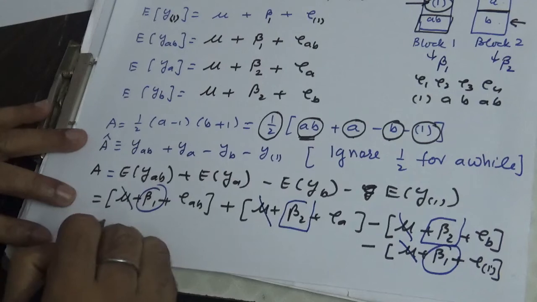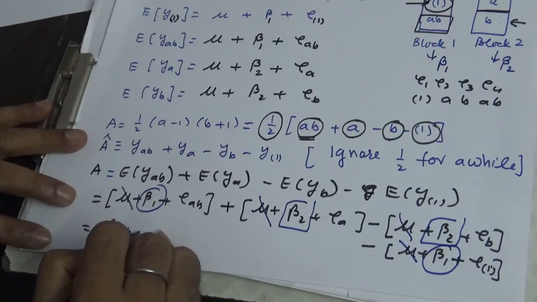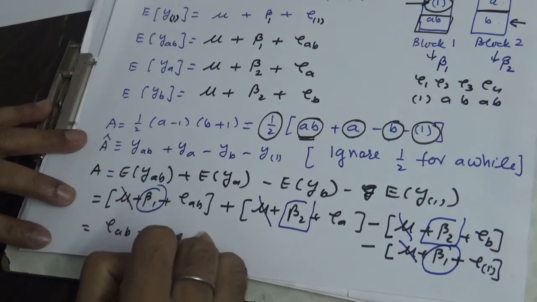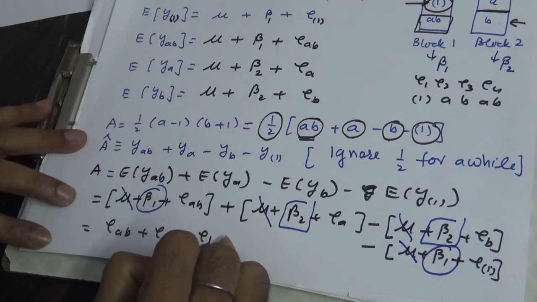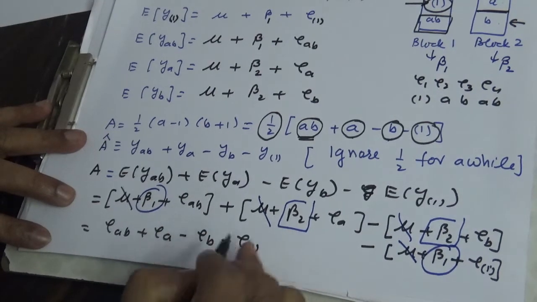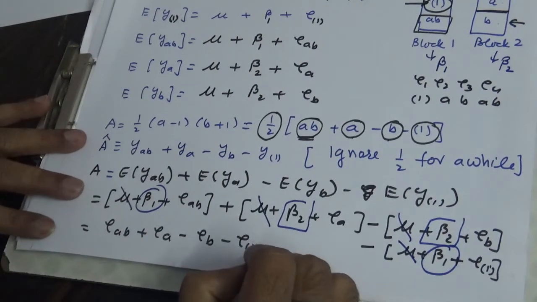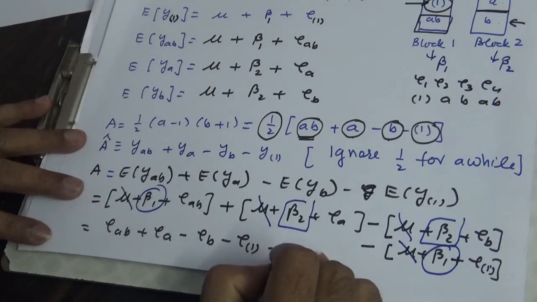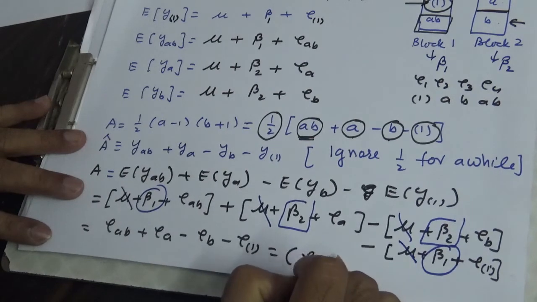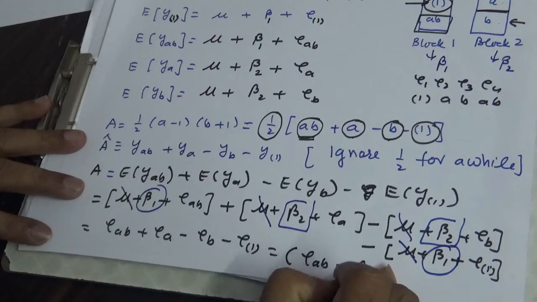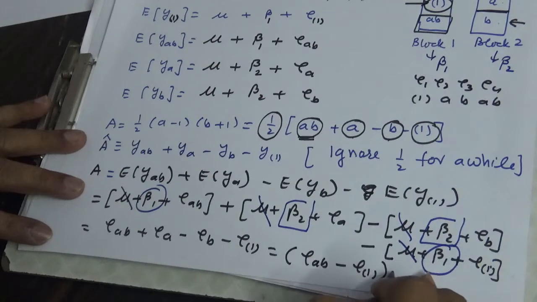And what we get here is only tau AB plus tau A minus tau B minus tau 1. Right. So just for the sake of simplicity, I can write down here tau AB minus tau 1 plus tau A minus tau B.